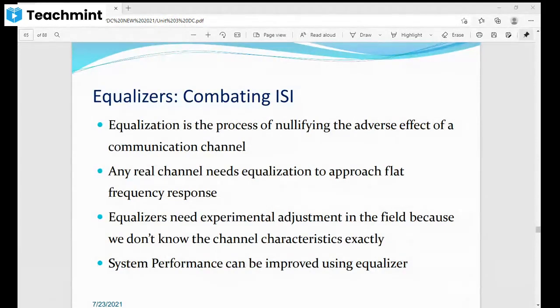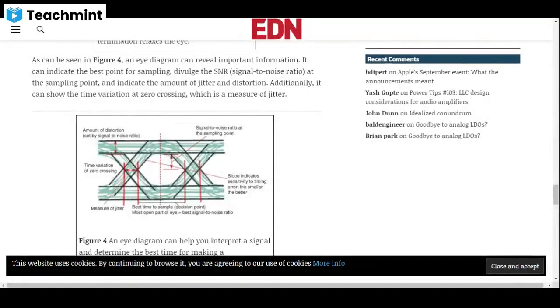Okay. So this is the way the eye diagram looks on the DSO screen.